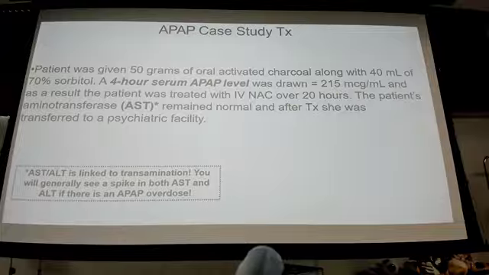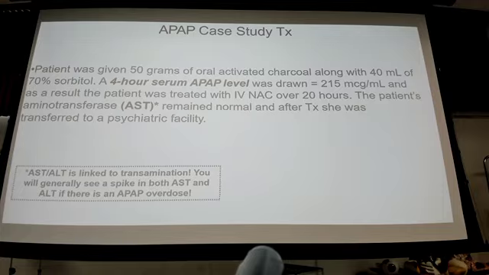The treatment for this patient was 50 grams of charcoal to try to absorb that acetaminophen, along with sorbitol. Sorbitol is a laxative, so you're trying to get it out as fast as possible.